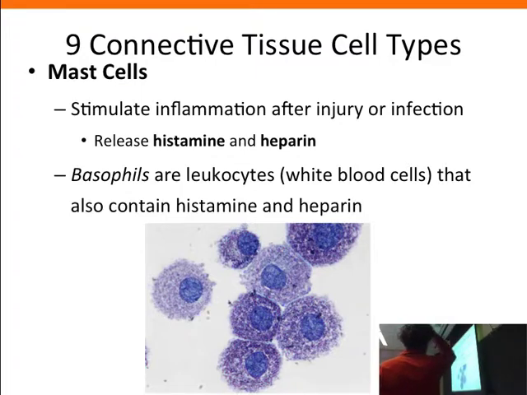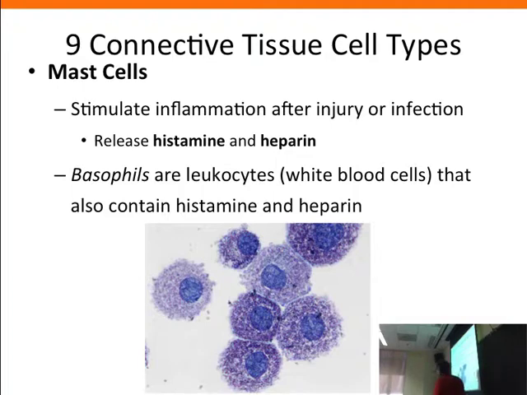All right, mast cells. Mast cells are like Paul Revere. They ring the alarm bell. And if there's a problem, or a perceived problem, they release chemical signals that start an inflammation cascade that cause redness and swelling in a tissue, which is dilation of the capillaries in that tissue, which brings more cells in, says there's something going on here.